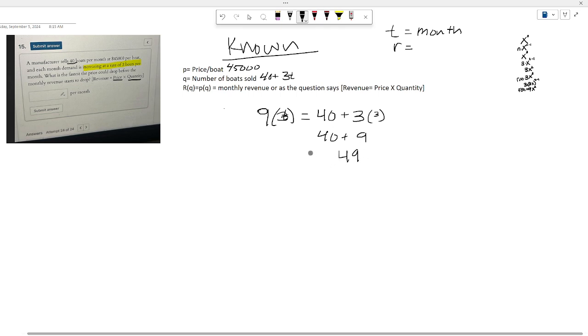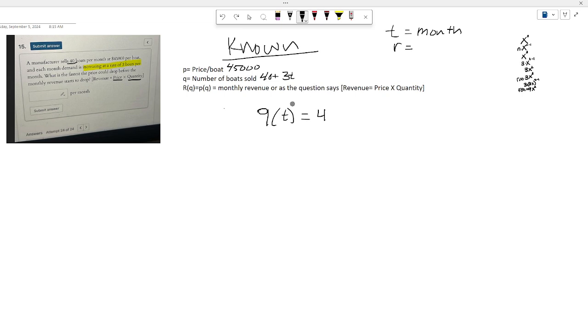So we can guess in February they sold 46, and in January they sold 43, and so forth, with that pattern of increasing at a rate of 3 per month. That's how that works. That's that function, if that makes sense. That's why we have the T there.